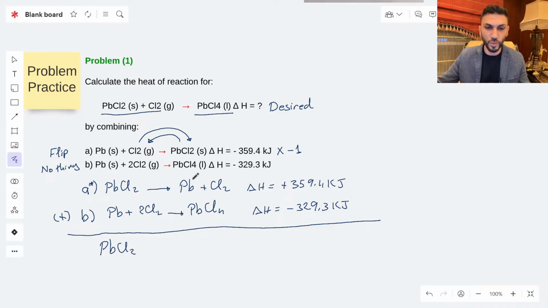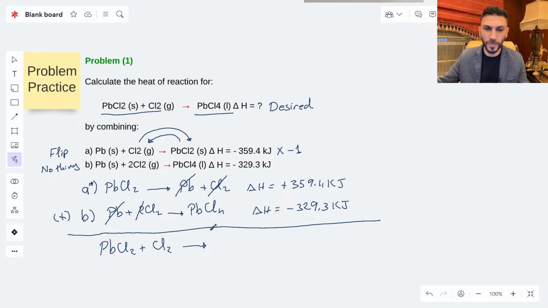In the products, we have Pb, and also in the reactant, we have Pb. 1 mole and 1 mole, so they're going to cancel each other. Also for Cl2, we have 1 mole Cl2 in the products, and we have 2 Cl2 in the reactant. So 1 mole of Cl2 will be cancelled, leaving 1 mole in the reactant, so plus Cl2.